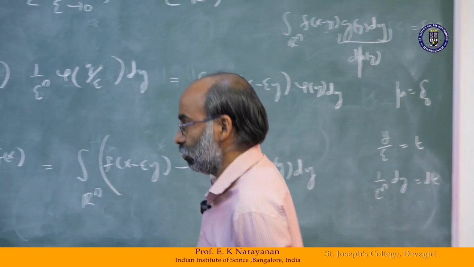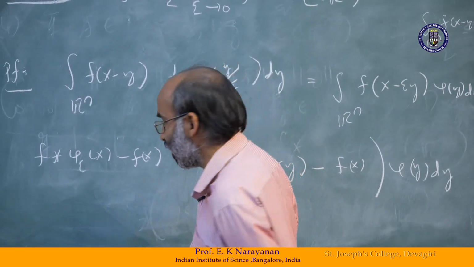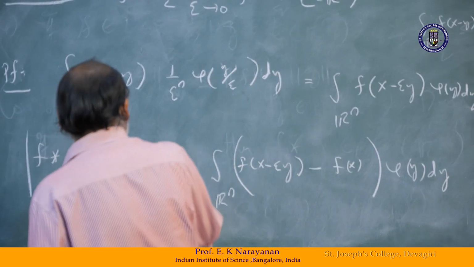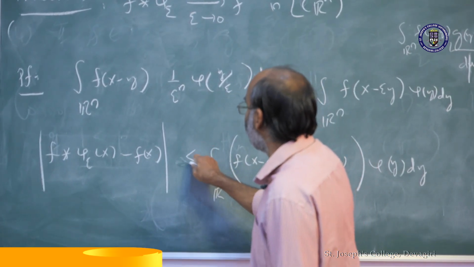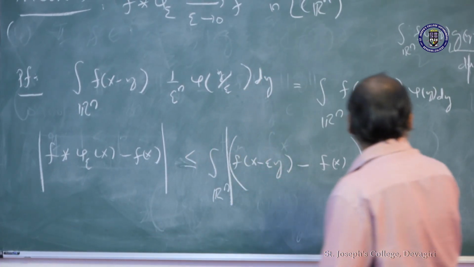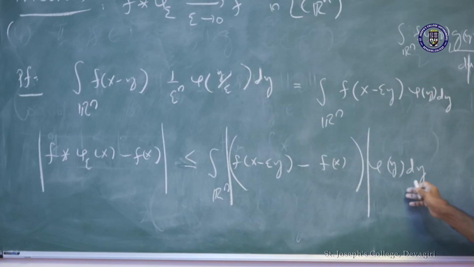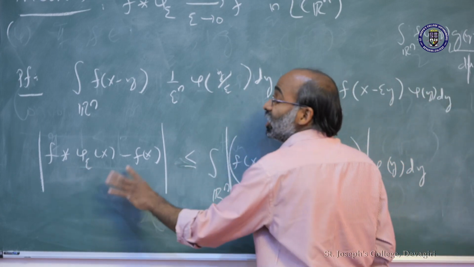Now, instead of writing again and again, I will take advantage of the board. So, take the modulus, that will be less than or equal to the modulus of this. Phi is positive, so I will put phi outside. Well, I am not done. I want to prove that this converges to this in L1 norm.